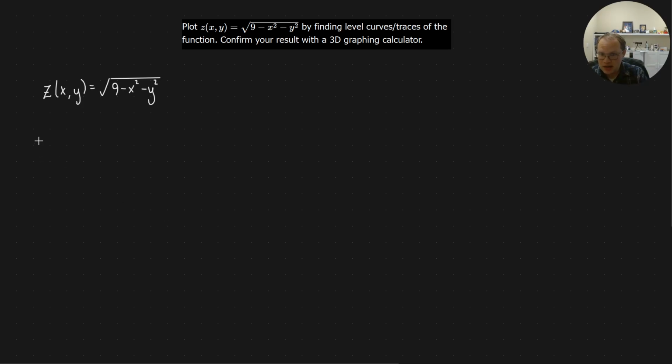That's when we set x equal to a constant or y equal to a constant. I always think setting x equal to 0 and y equal to 0 is a good start. If I set x equal to 0, that's z equals square root of 9 minus y squared. Notice I left off the of xy for simplicity.